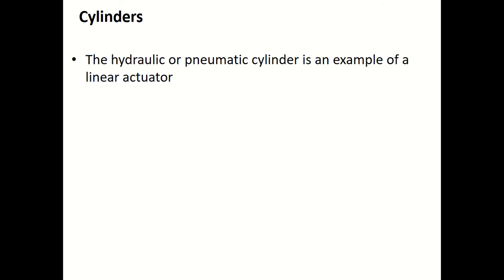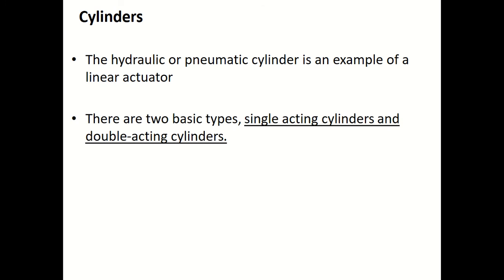You know that high pressures are used with hydraulics. Usually, a hydraulic cylinder or a pneumatic cylinder consists of a cylindrical tube along with a piston or ram which can slide inside it. Now, the cylinders are classified into two: single acting cylinders and double acting cylinders.